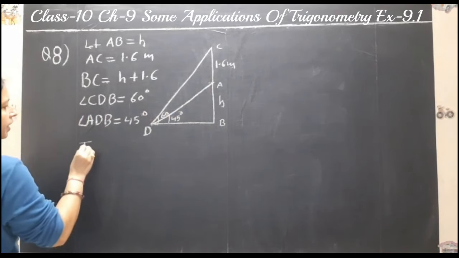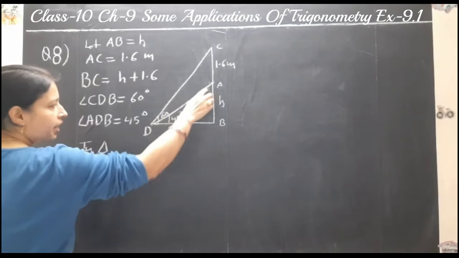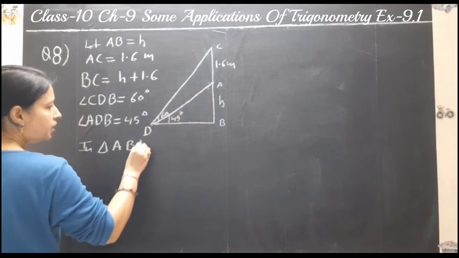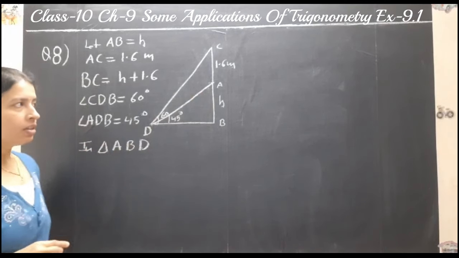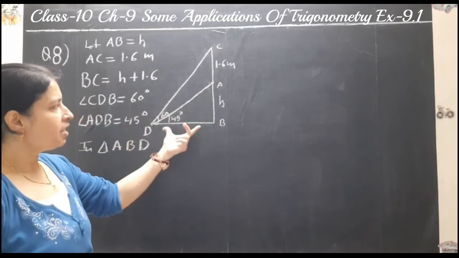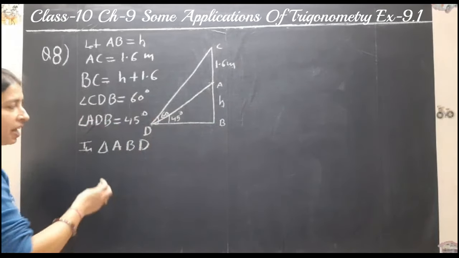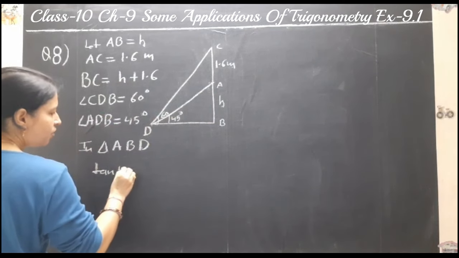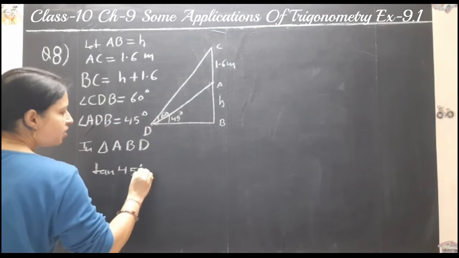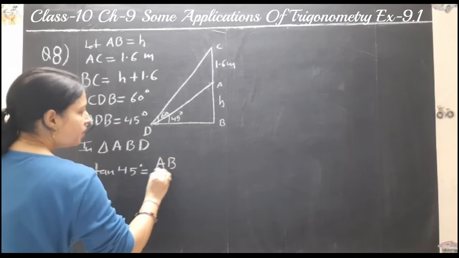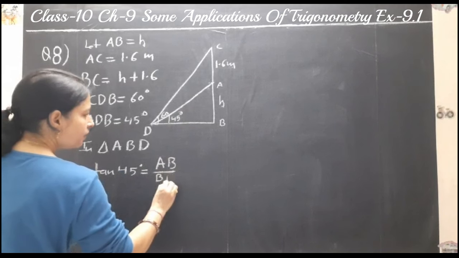So in this triangle ABD, use the trigonometric ratio. This one is perpendicular distance and this one is base. So what will be tan theta? Yes, theta is 45. So tan 45 degrees is equal to the perpendicular distance AB divided by BD.